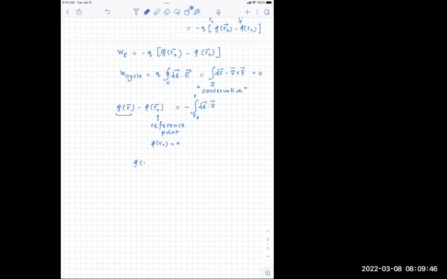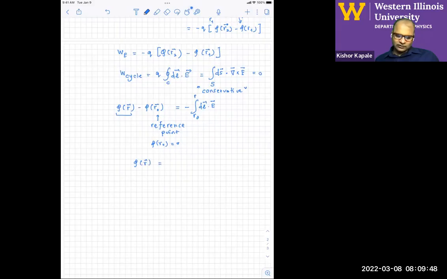So from here onwards, we are now able to invert that gradient relation, and we identify the potential to be the work done on a unit test charge from some reference point R0 to the current point, right? So if you only know the electric field, this is how you can determine the electric potential.